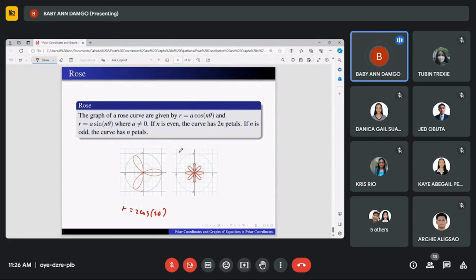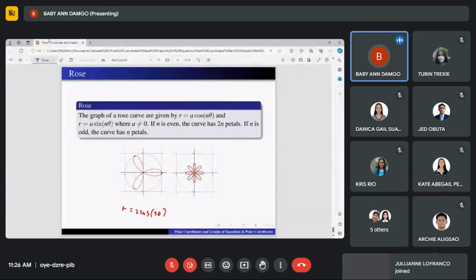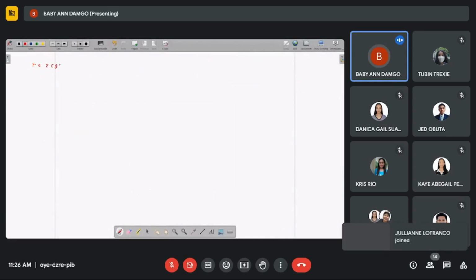So if magmanual ta ani class o graph, kaya ang atong goal is atong pangitaon ang mga tip, no? Here, this one. Okay. So let's have here r is equal to 2 cosine 3 theta. Okay, so mag-set ang value sa theta and then we solve for r.